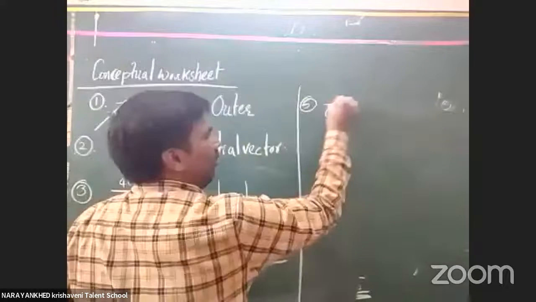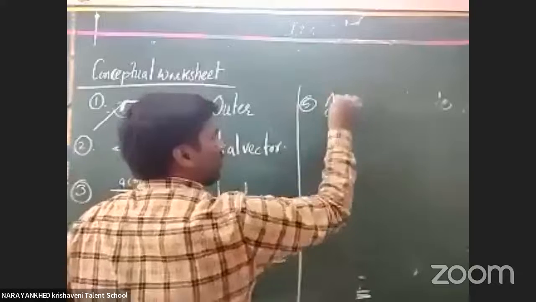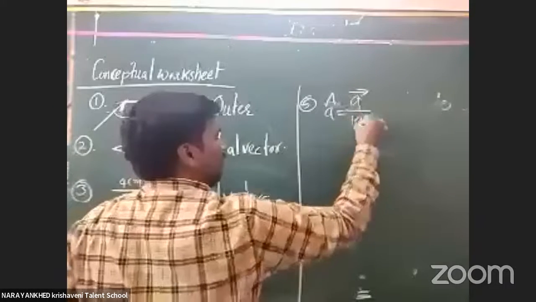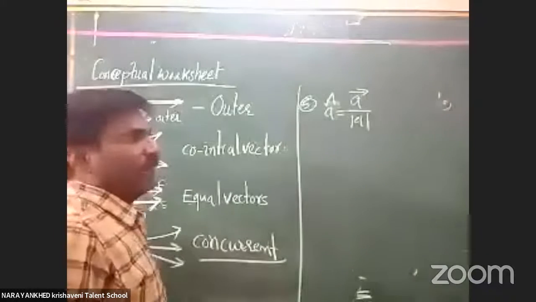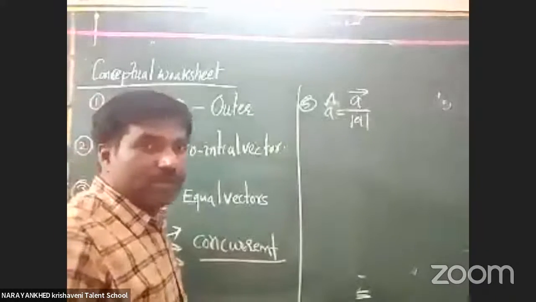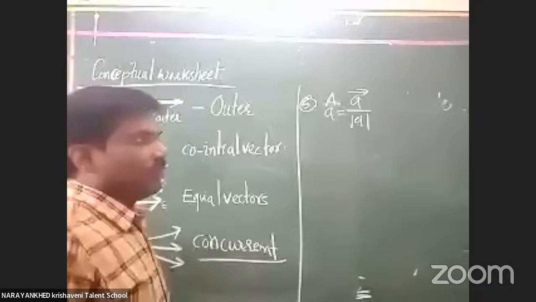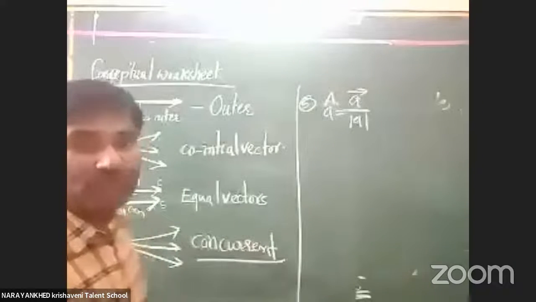Suppose A bar is one of the vectors. The unit vector of A bar is taken as A cap. A bar by mod A is only called the unit vector, A cap. Already we have discussed this: the vector whose magnitude becomes unit is called a unit vector.